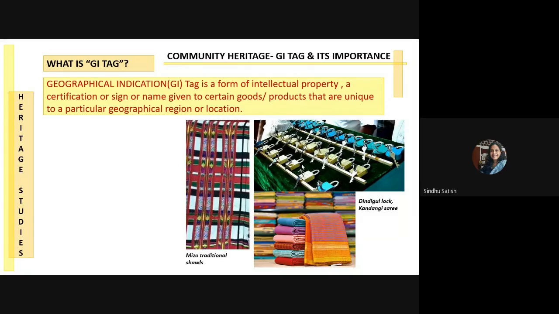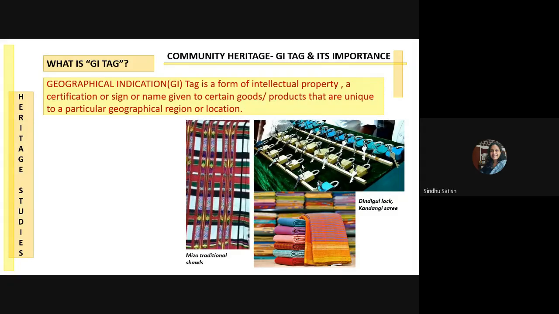It is a tag, a certification or a sign or a name given to certain goods, like a food product, an agricultural product or a handicraft product, that are unique to a particular geographical region or location.